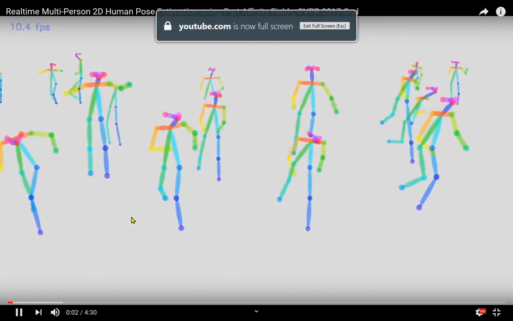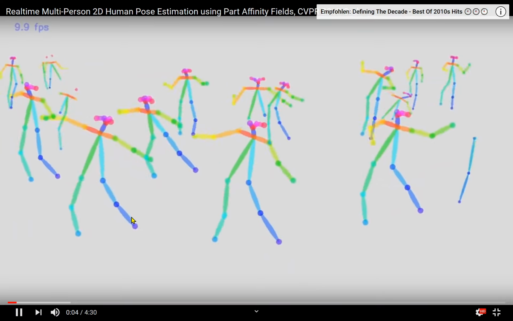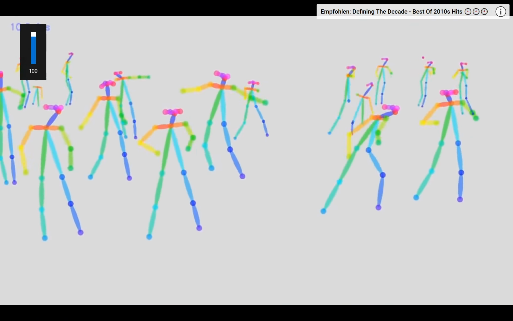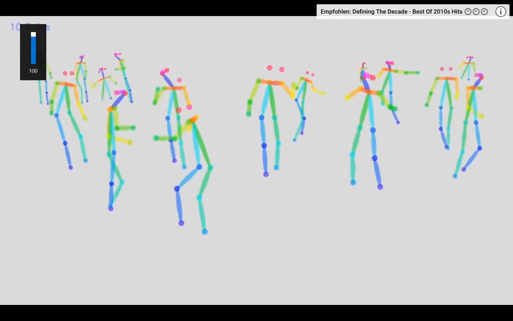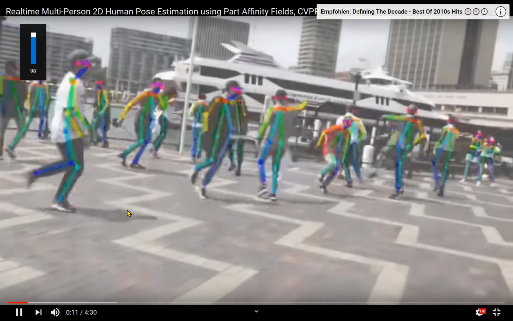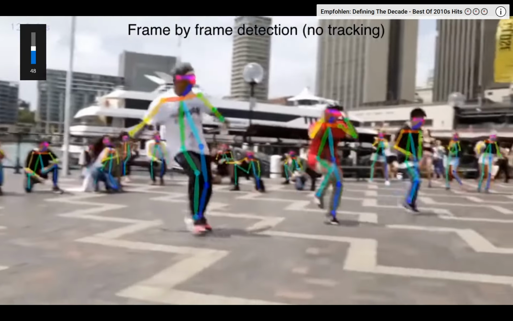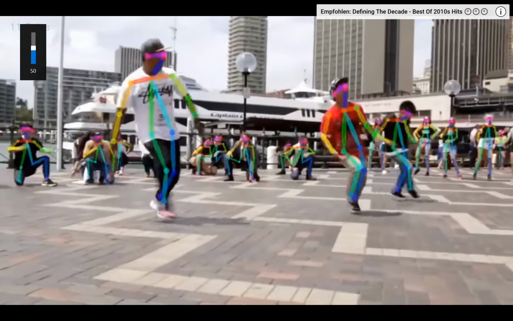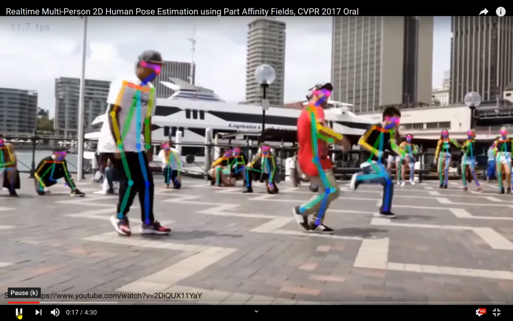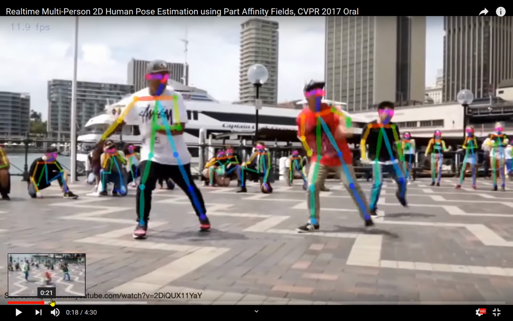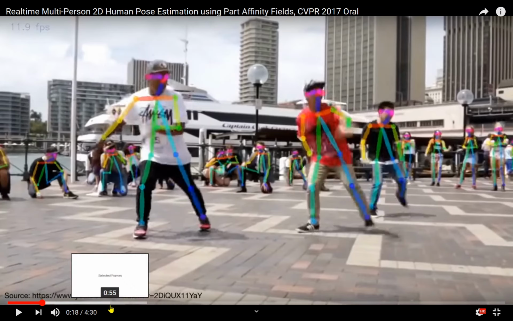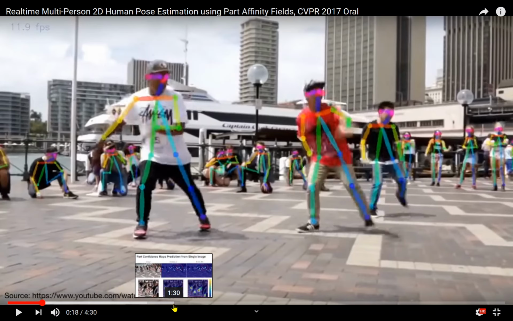And what's cool here is that this is obtained with no tracking whatsoever. So it's being processed independently, frame by frame, and it's pretty impressive to get such stable results.